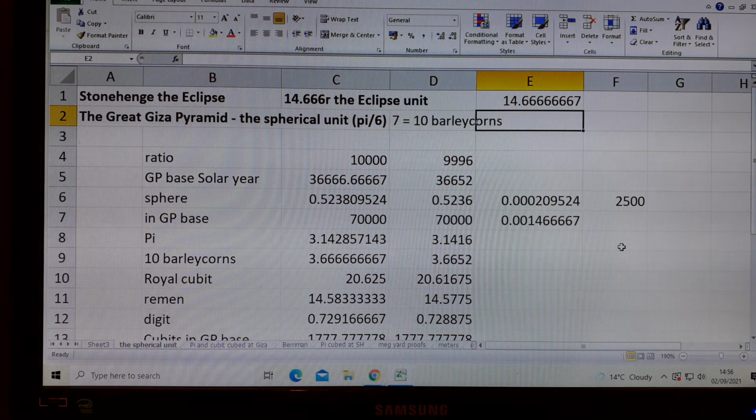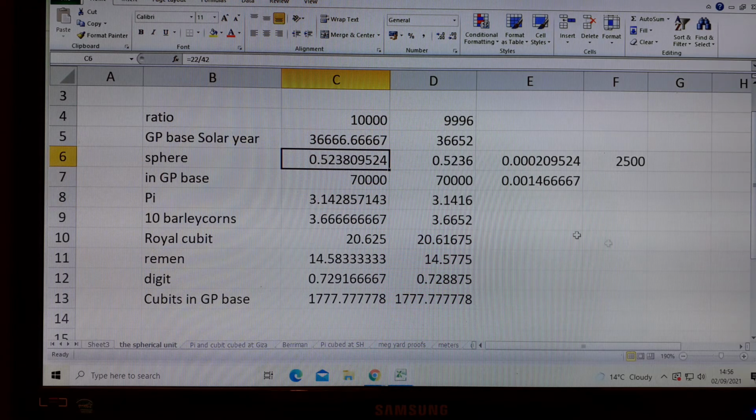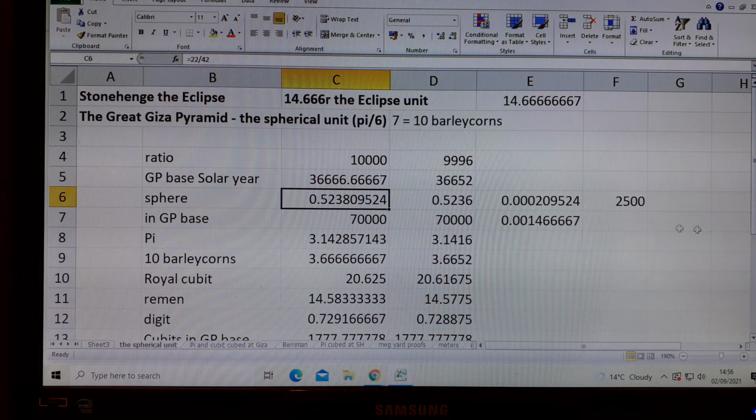So now we can see that the Giza Great Pyramid, the basic unit within the design, is this. And what we find is that there are 7 of these units in 10 barleycorns.